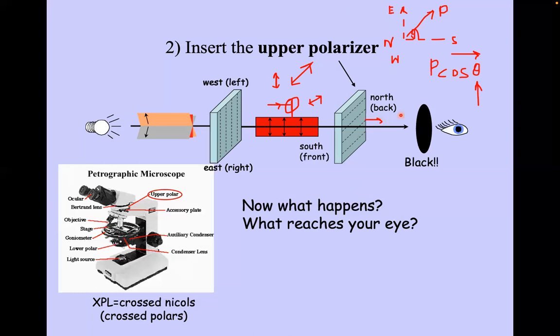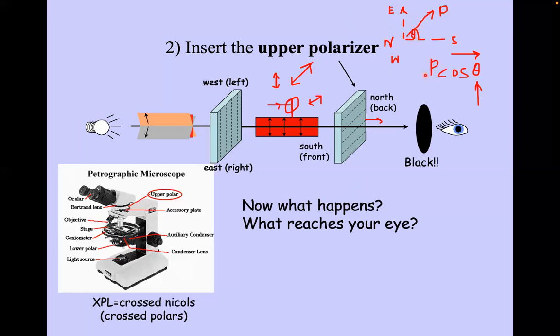So that component is very important. You always have to think of the resolution of these light waves, or resolved components. In the north-south direction, you have one component called p cos theta. In the east-west direction, you have a component p sine theta.